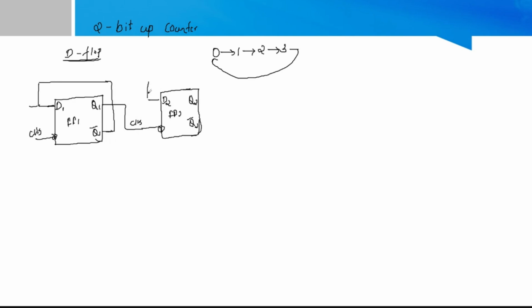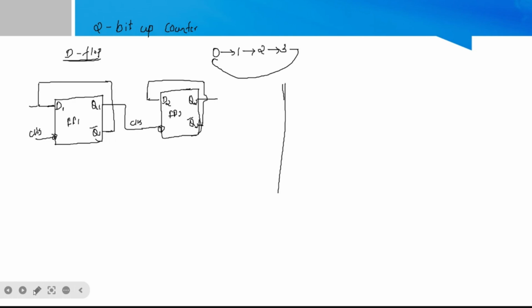For the D2, you have to give the output, this is the feedback signal. So here you can see that for the flop 1, you are providing the clock signal. But for the flop 2, the output of the Q1, nothing but the output of the flop 1, is the clock signal.